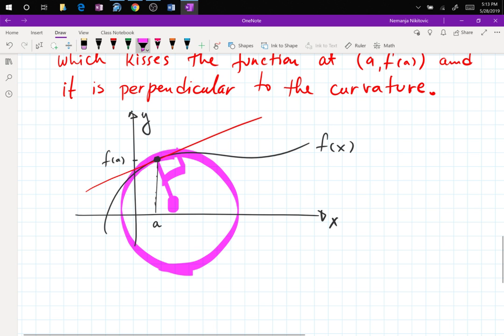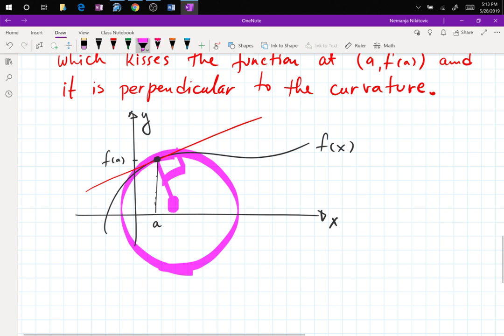So now the point of contact between the function and the tangent line will be on the circle. If you stretch the radius from the point to the center, the tangent line is always perpendicular to that radius. So that's what it means, it's perpendicular. So tangent line is defined through this.